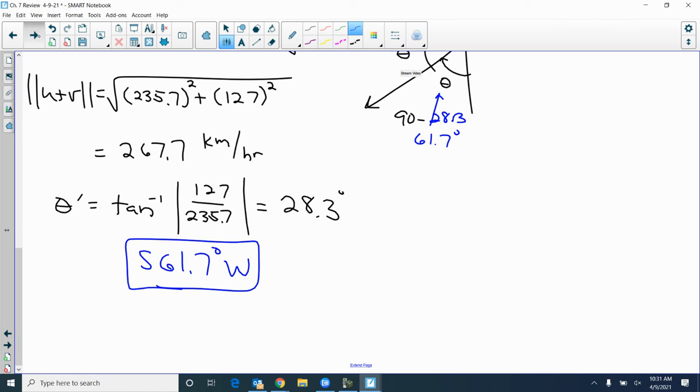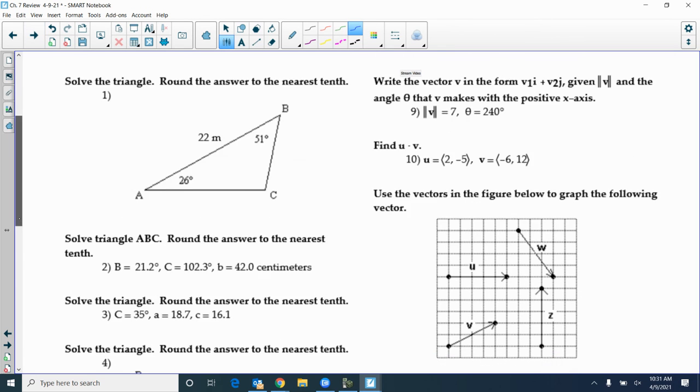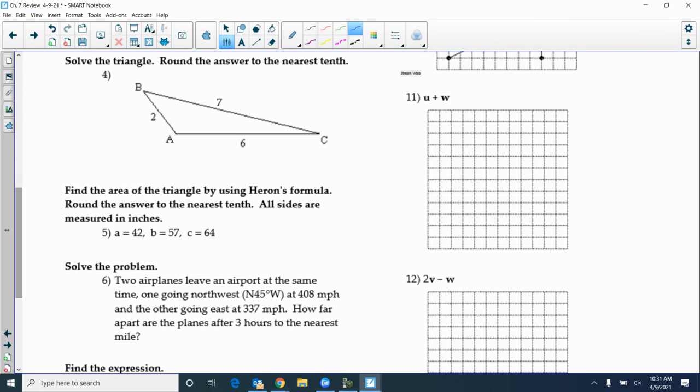All right, so the review practice test. It says nearest 100 there, but honestly, I looked through and most of them are to the nearest 10th. Read the directions for each one. If it doesn't say anything about rounding, just go to the nearest 100. Number 5, I already told you to skip.